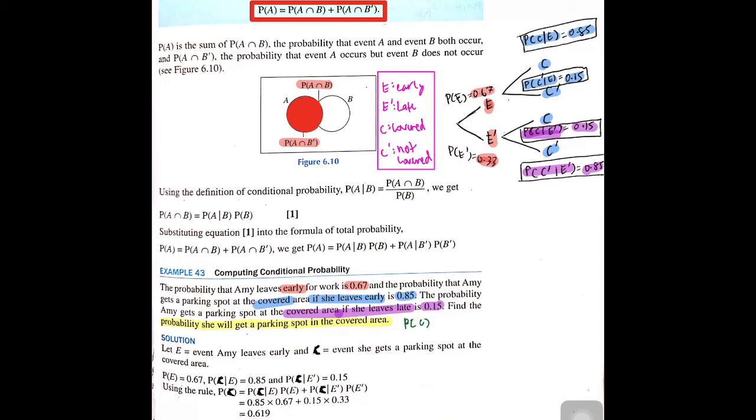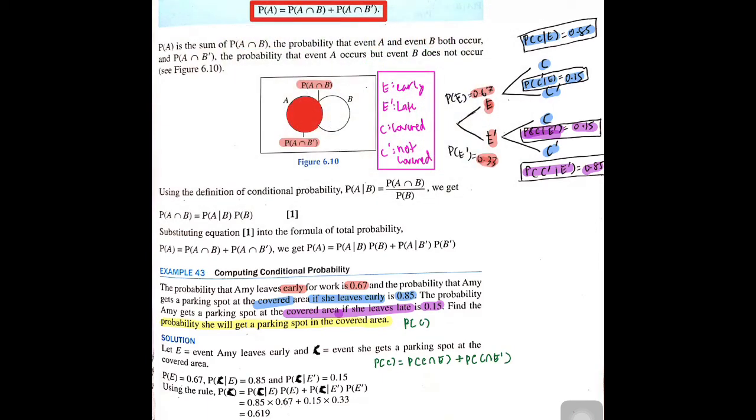Let's use the theory as we have learned before. We want to find P(C), the probability of covered area. However, the covered parking area depends on the previous event, which is early or late. So using the law of total probability, it will be P(C intersect E) plus P(C intersect E prime), because our C now depends on another variable: it depends on early or late.